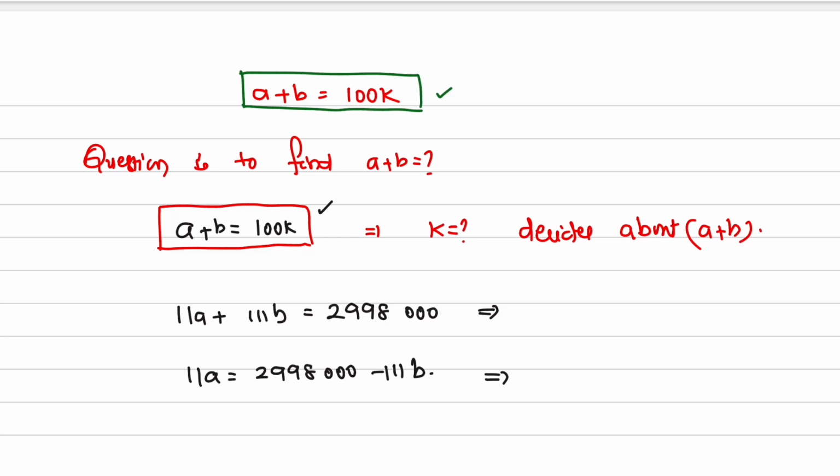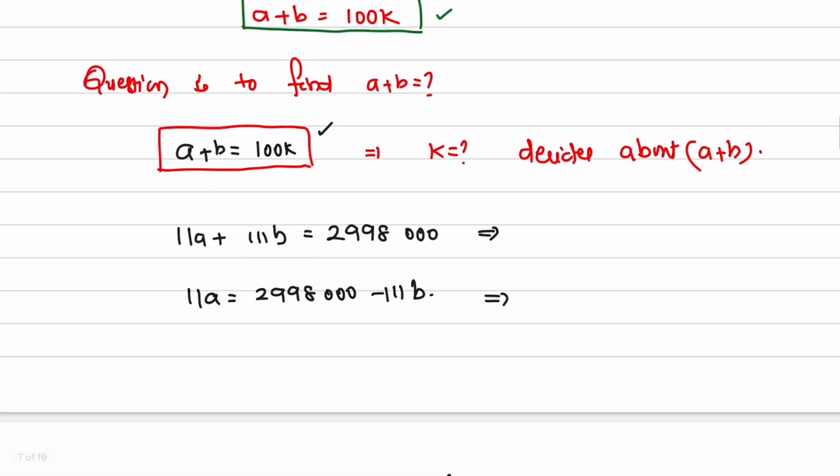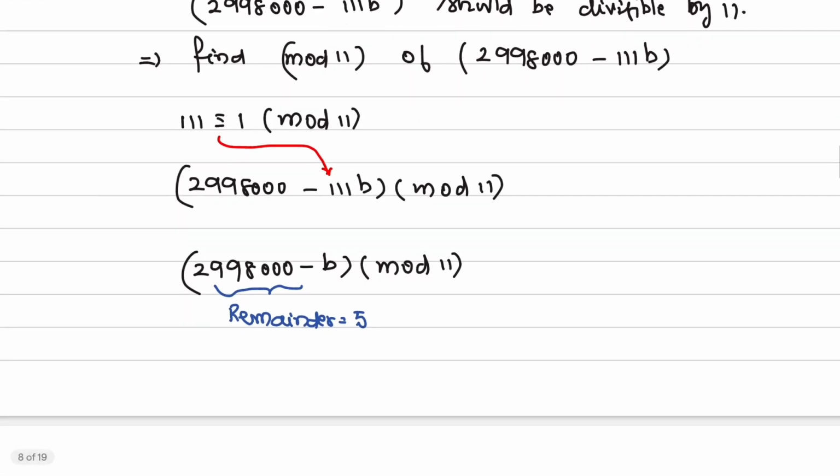A plus B is equal to some 100 into k. From there we got the answers.